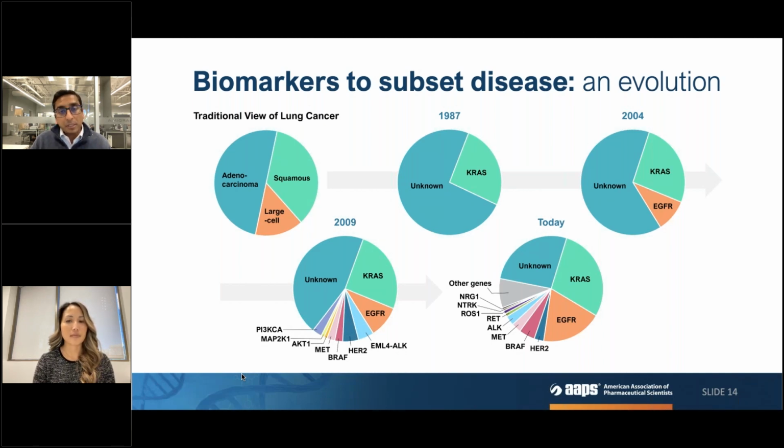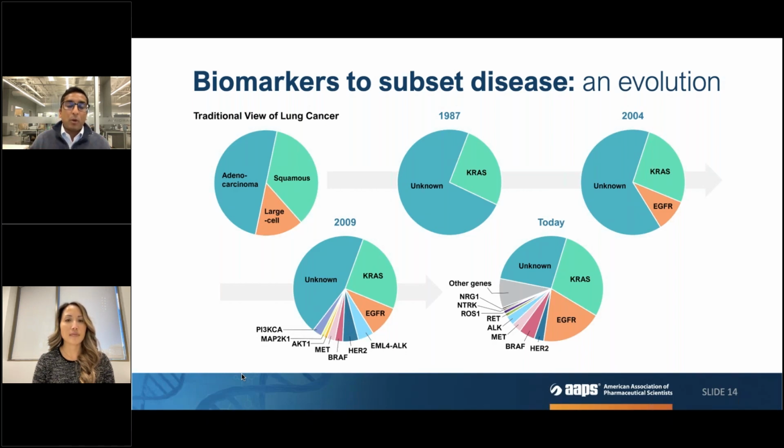And that allowed us to subset lung cancers, initially into KRAS positive versus KRAS negative, subsequently to KRAS and EGFR positive in the early 2000s versus those that are not. And if we look today, there are dozens of subsets of lung cancer, each of which is defined by a specific biomarker that denotes a mechanism by which tumorigenesis has occurred. And of course, for any of us in this area that works in drug development, typically therapies are targeted towards specific subsets of these individuals based upon this biomarker.